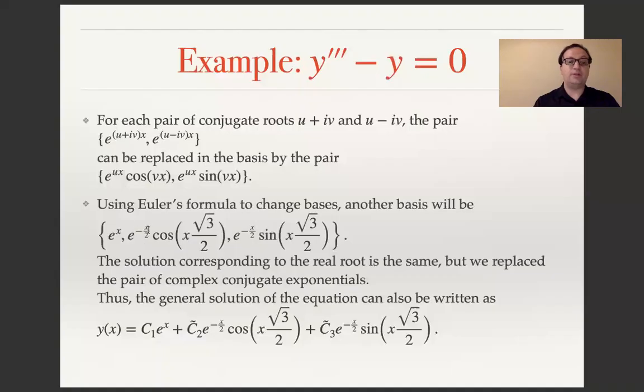So the real part gives rise to a real exponential, and the imaginary part gives rise to sines and cosines. So we can replace those complex exponentials in the basis by the pair made of e to the minus x over 2 cosine of x square root of 3 over 2 and e to the minus x over 2 sine of x square root of 3 over 2.